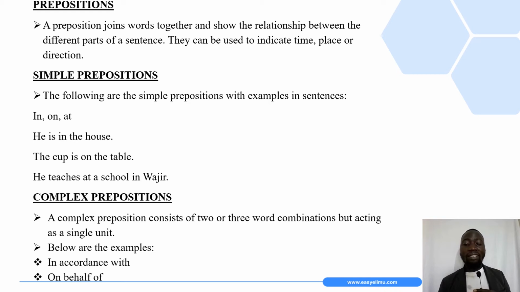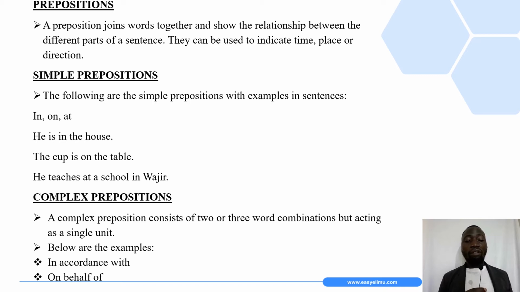So this means that these are prepositions that are formed by joining two or three word combination that act as a single preposition. So we have got two word complex prepositions. We have three word complex prepositions. So below are examples of some of the two word complex prepositions and three word complex prepositions.